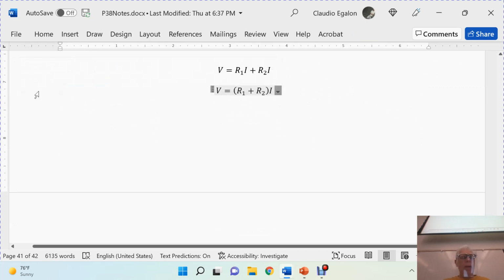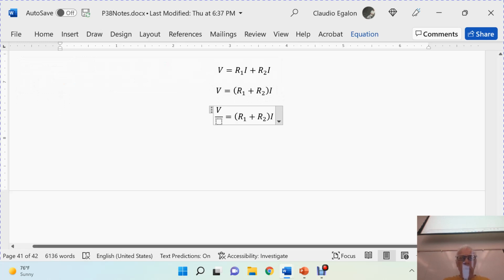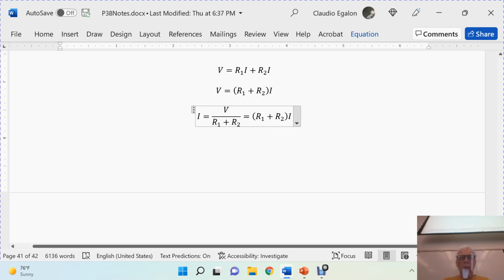What we end up having is what we call the equivalent resistance, R1 plus R2. When the 2 resistors are in series, they behave as though they were a single resistor in which the resistance is the sum.